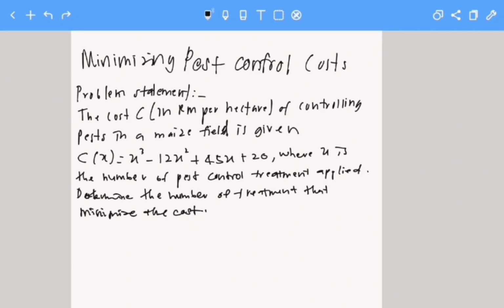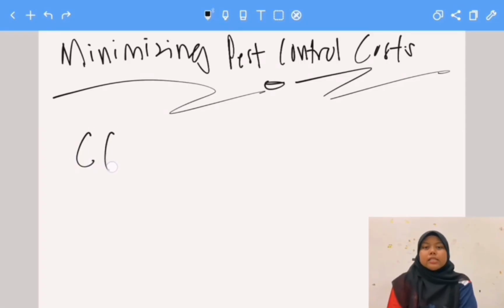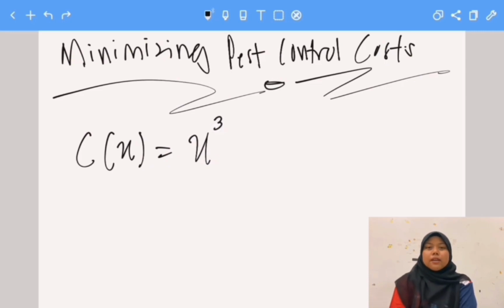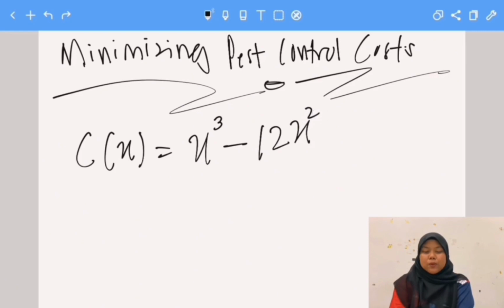Determine the number of treatments that minimizes the cost.